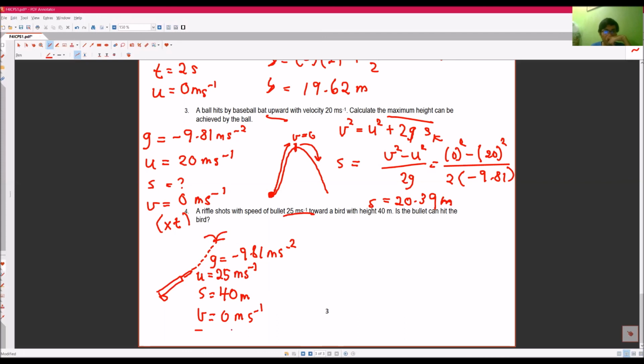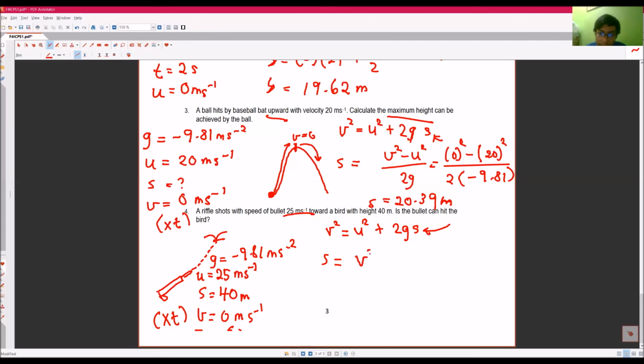So note equation number 3, v square equal to u square plus 2gs. Now we need to find s. We rearrange for s. This is the height of the bird, not the height of the bullet. So we need to find the height of the bullet and make sure to check that the height of the bullet is at least 40. So that's the goal.